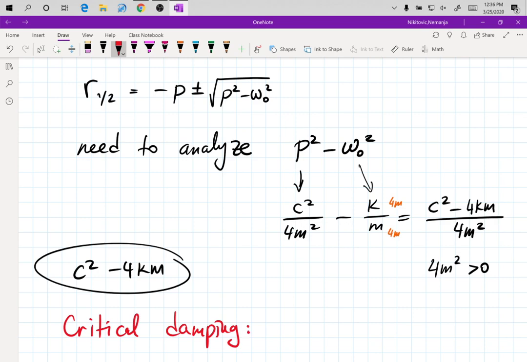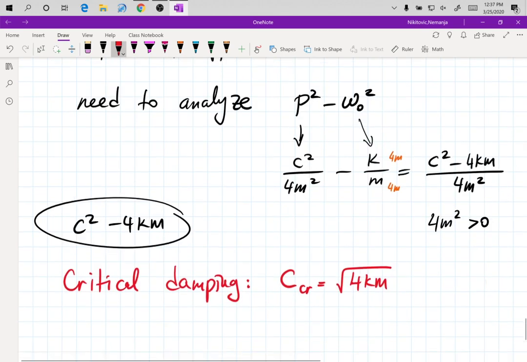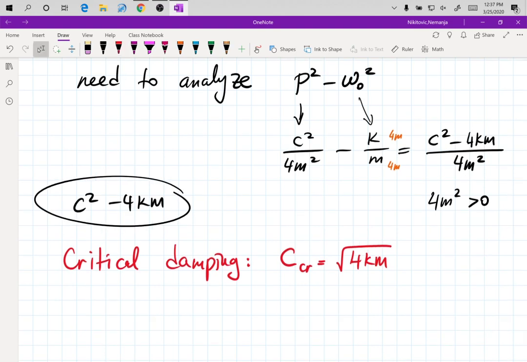Critical damping, and that's going to be c critical is the square root of 4km, which you can also say 2 square root of km, but whatever.